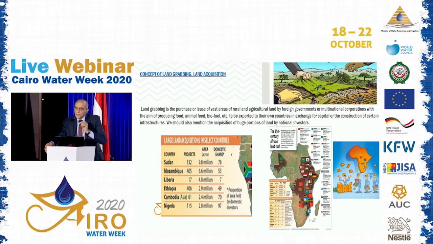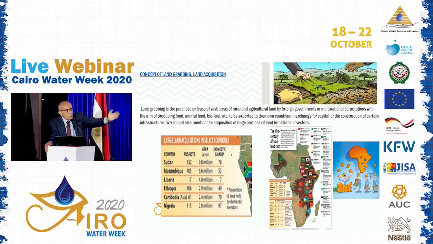As a result of that, you may find Egypt is covering the food gap by virtual water, which we need about 34 BCM. So applying nexus in that case is very important to look at. One more point here is land grabbing.